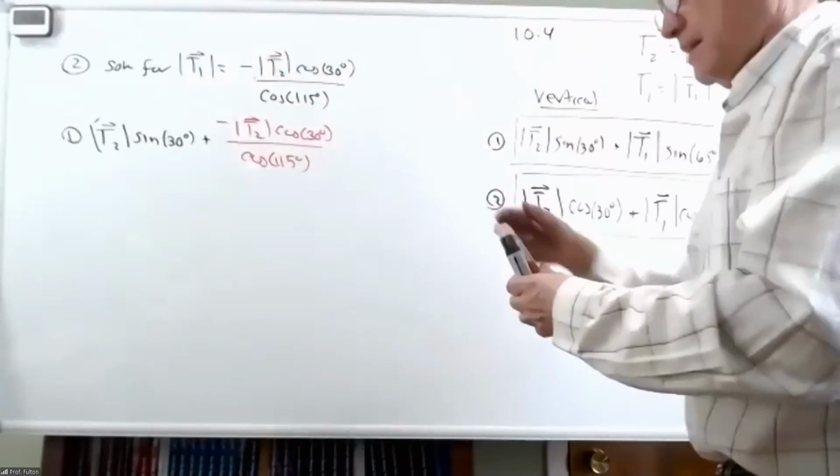This is all T1, so I get another sine of 65 over here.